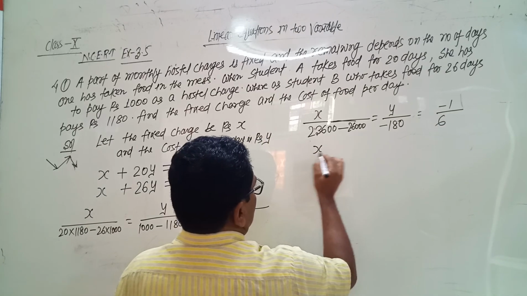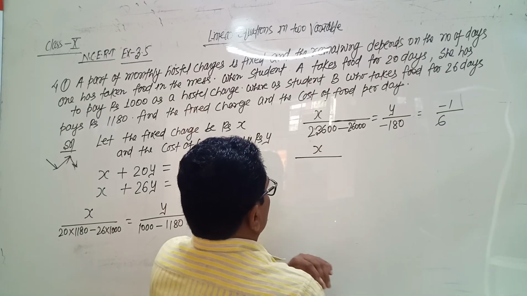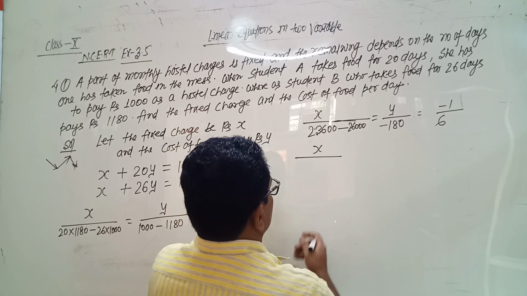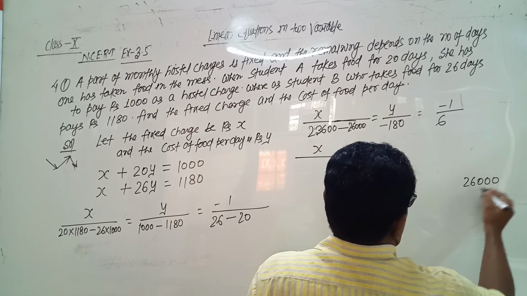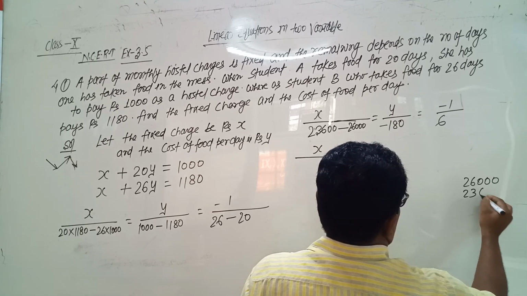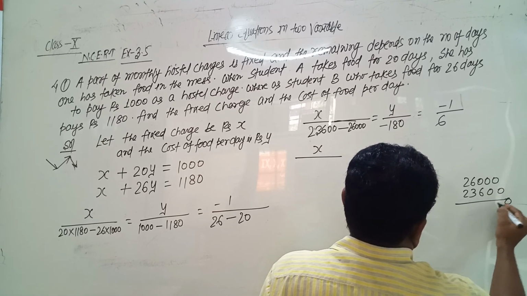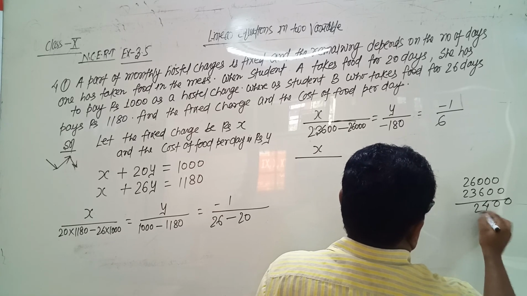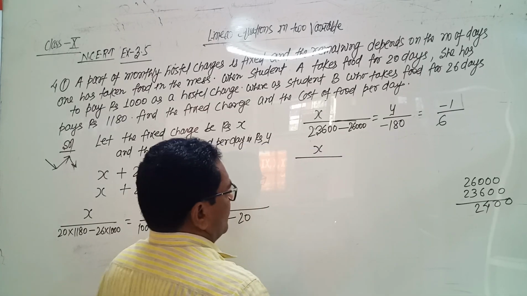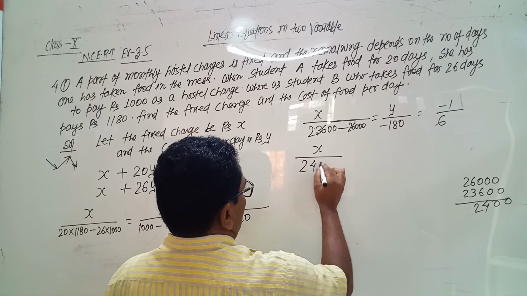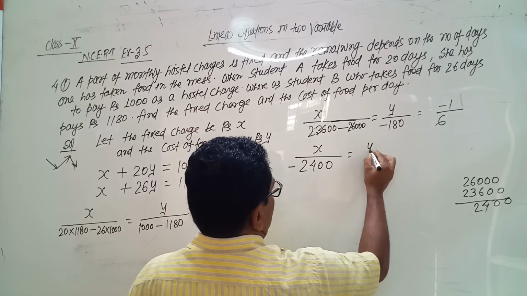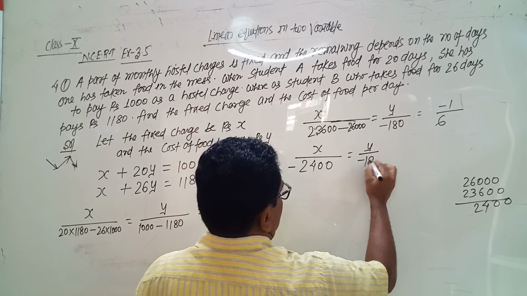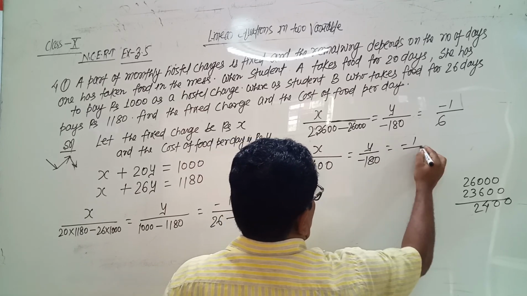So X upon 23,600 minus 26,000, you get minus 2400. So X upon minus 2400 equals to Y upon minus 180 equals to minus 1 by 6.